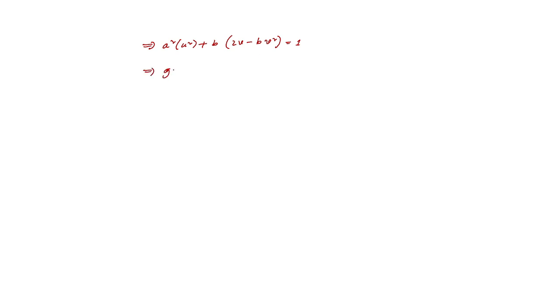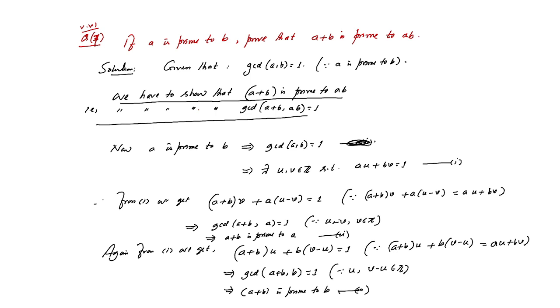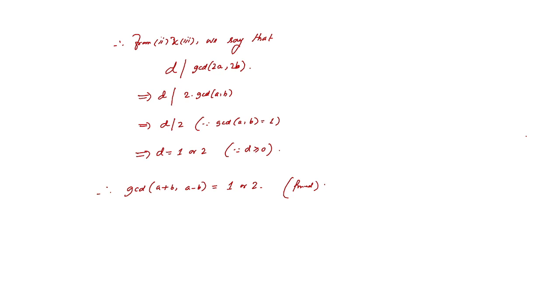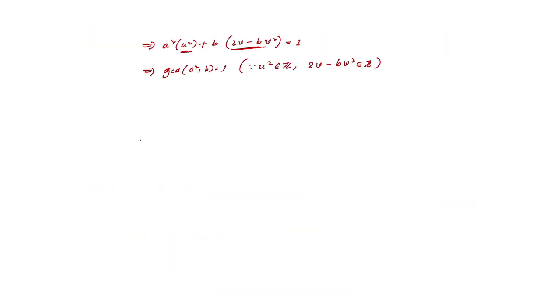And that implies GCD of A square, B equals 1. Why? Since u square and 2v minus Bv square belong to Z. Okay, and what we have seen here is the result: if there exist u, v belonging to Z such that Au plus Bv equals 1, then GCD of A, B equals 1. So that means here we can write GCD of A square, B equals 1. And that implies A square is prime to B.